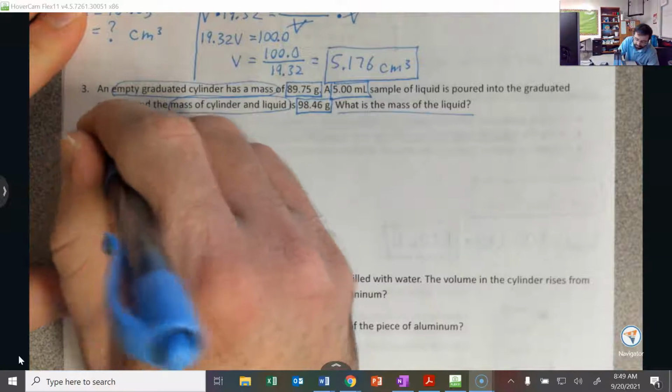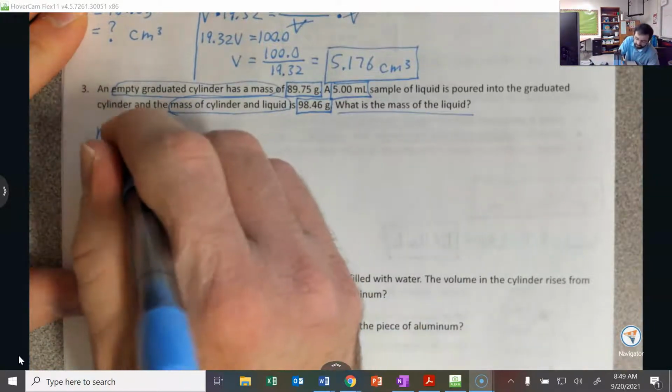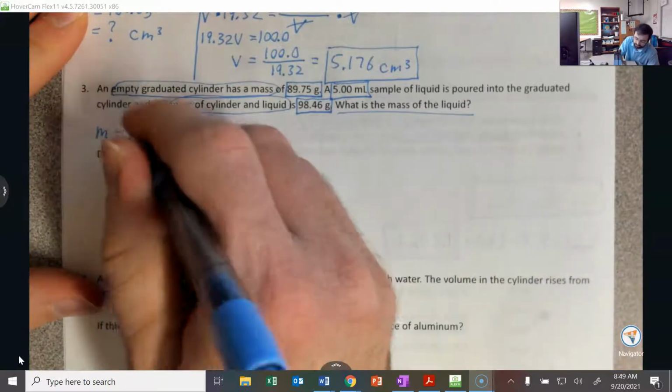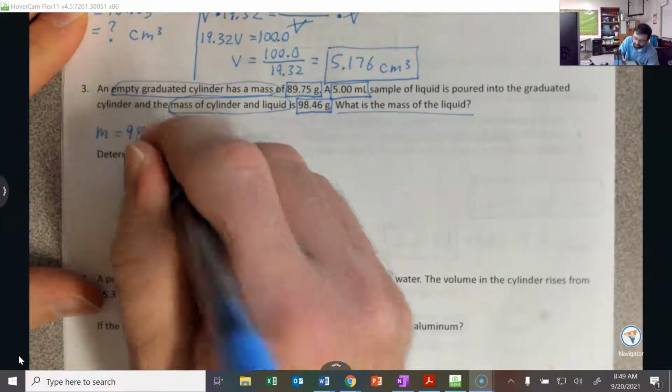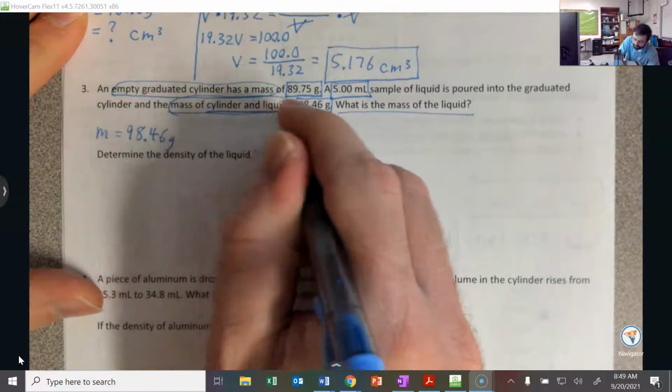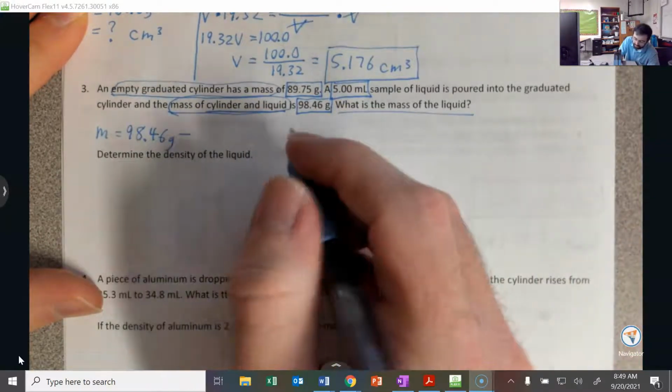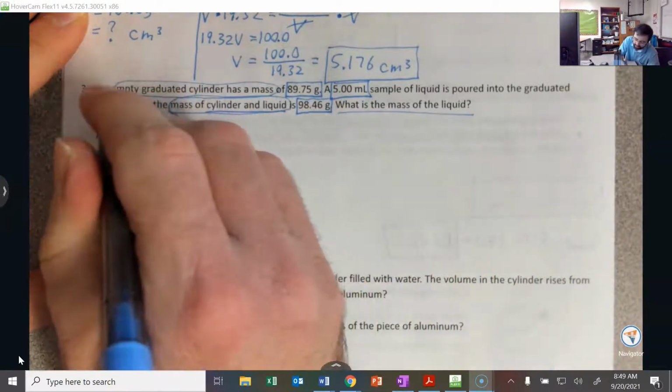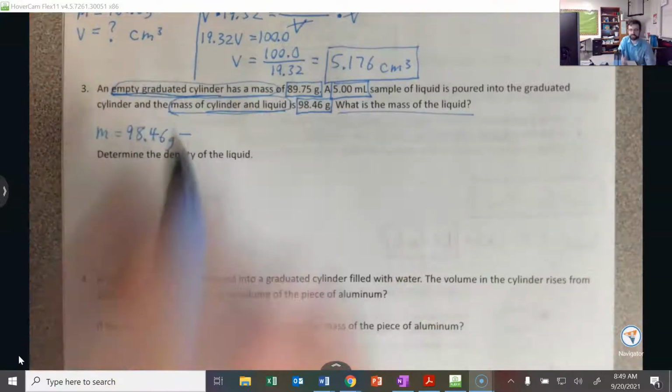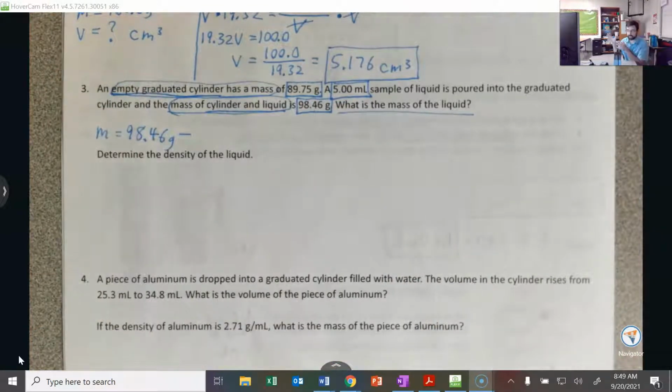So the mass of the liquid equals 98.46 grams, the mass of both, minus the mass of the empty graduated cylinder. This is just like the green liquid that we did in the lab.